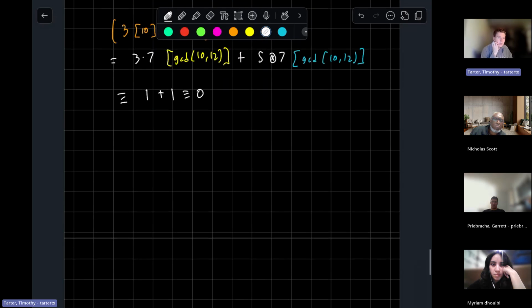So if we start with the Cartesian product and then we mod out by the distributive subgroup. Oh, that sucks.